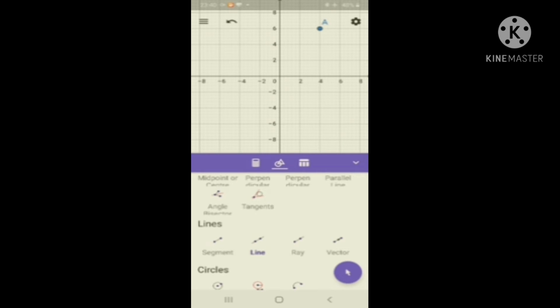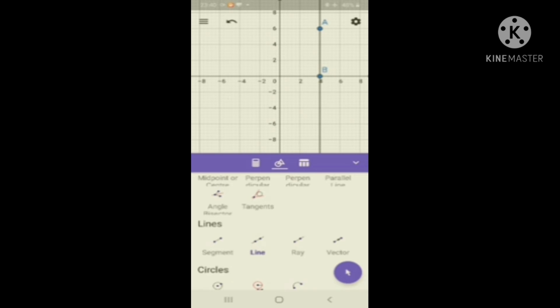So we draw a perpendicular on the X axis. So you can see that AB is perpendicular on the X axis.